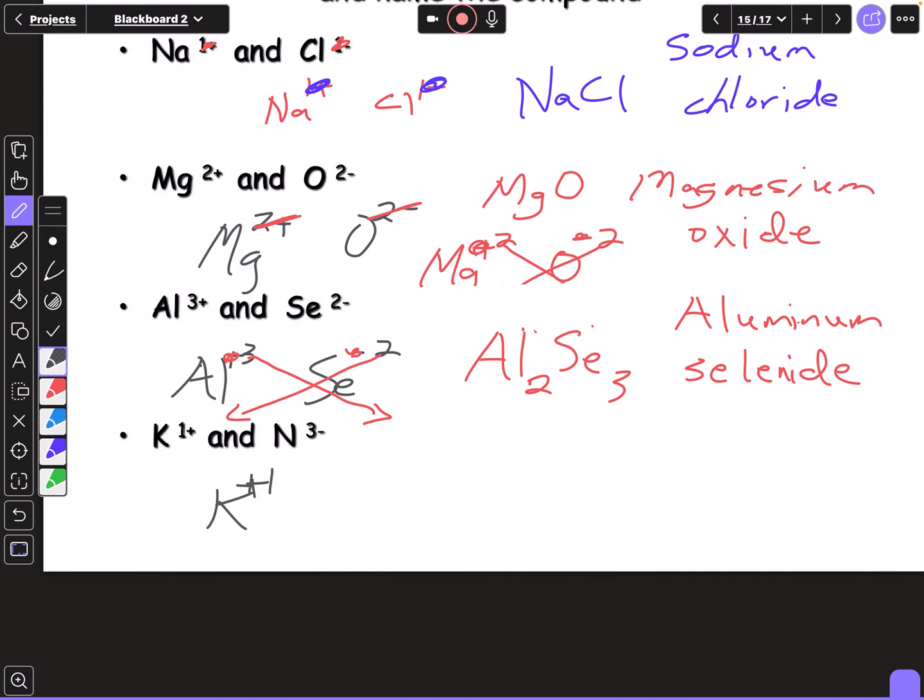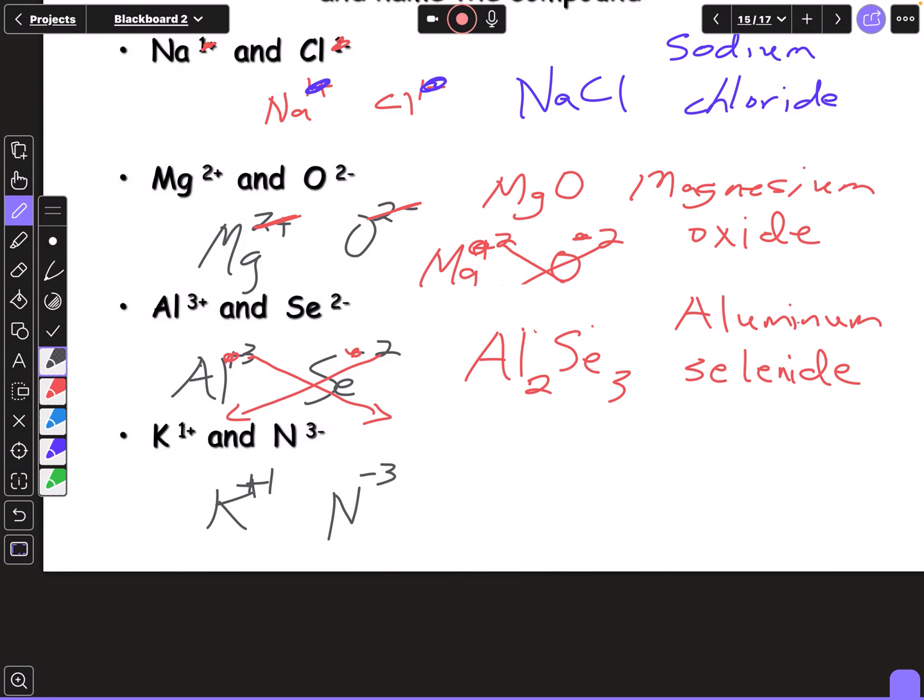And then I look at nitrogen. I find it on the periodic table, and above group 15 or 5A, I've written down that those ions all form a negative 3 because they need 3 electrons to be stable, and they're going to gain them from a metal.